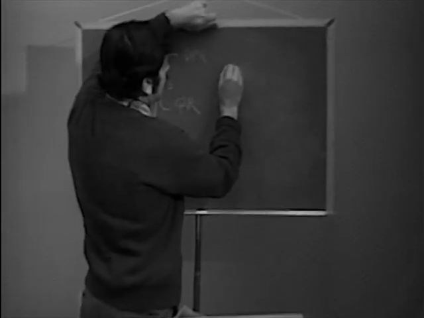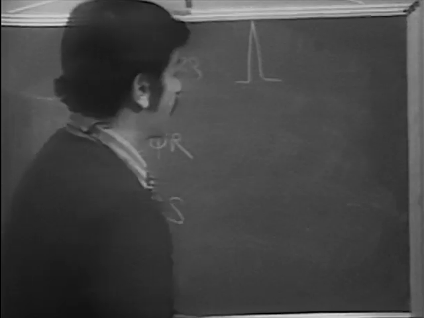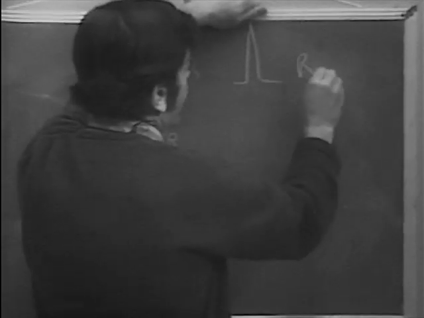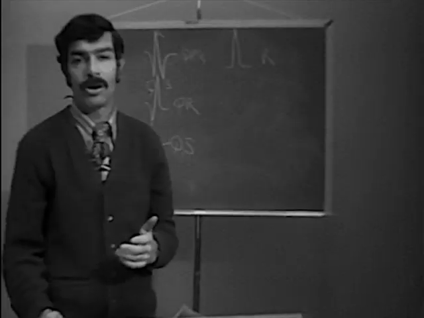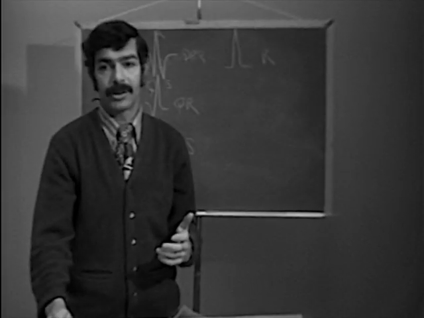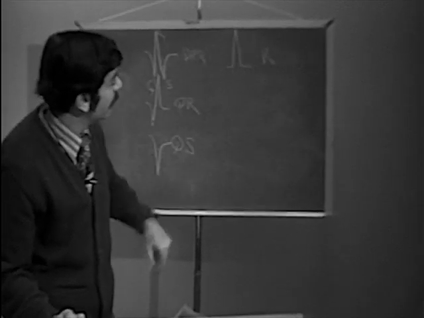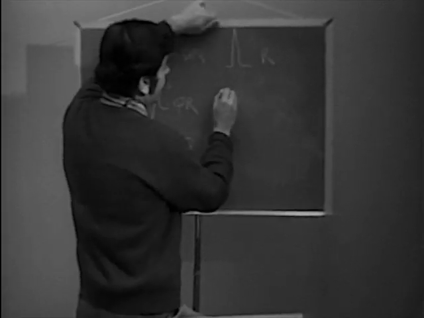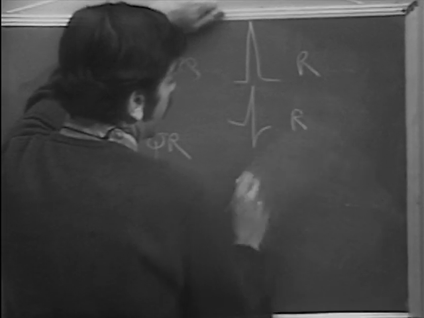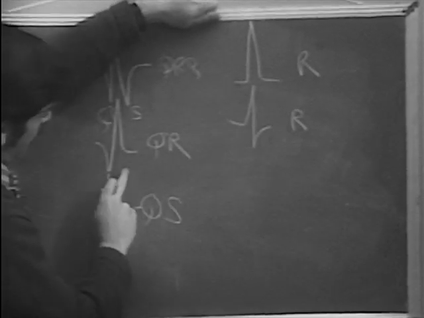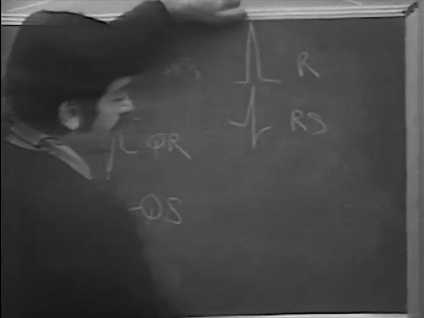Now, if we have just a positive deflection, we just call this an R wave. The first positive deflection is an R wave. So when people talk about tall R waves in the lateral precordial leads, we're talking about tall positive deflections. Then we can have positive, negative. This would be R, and then the second negative deflection is an S. So this would be an RS complex.